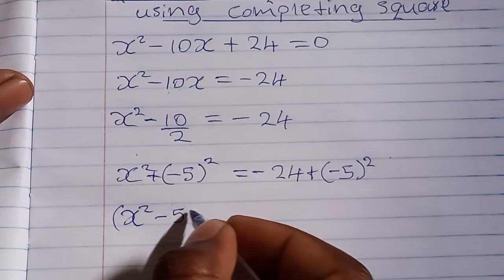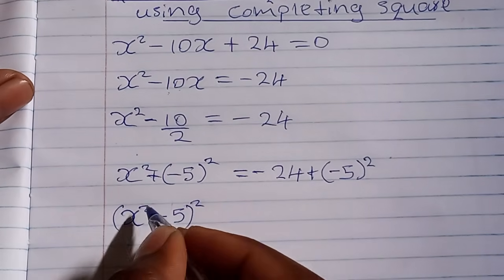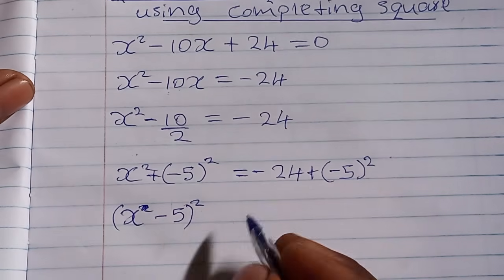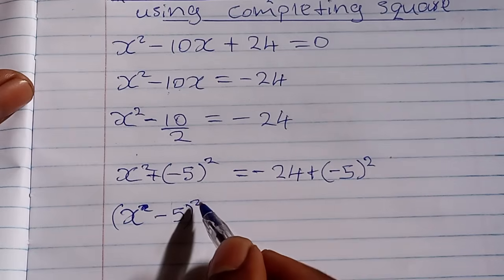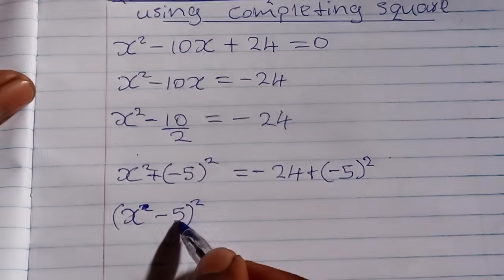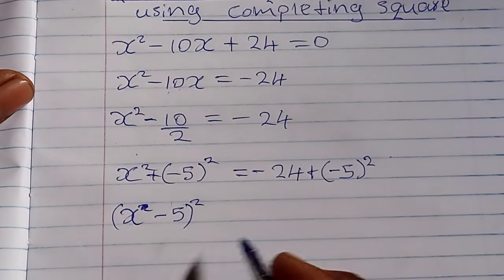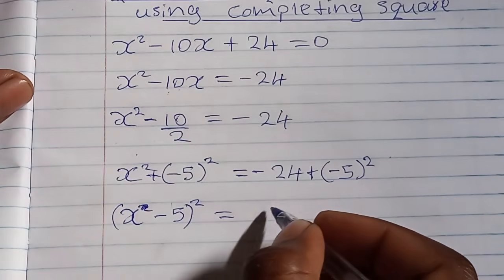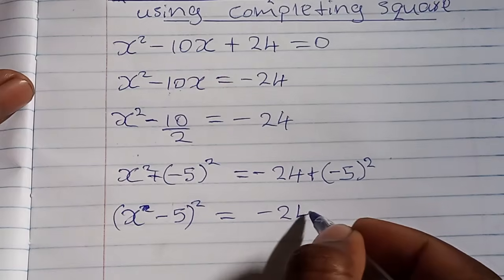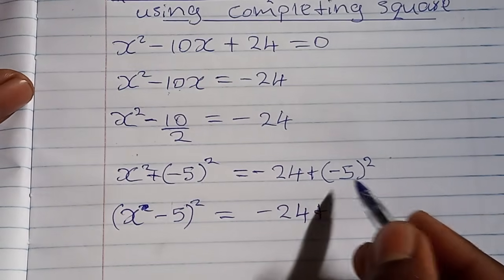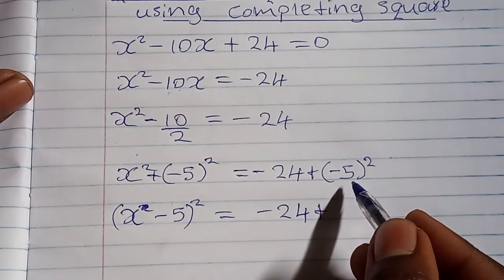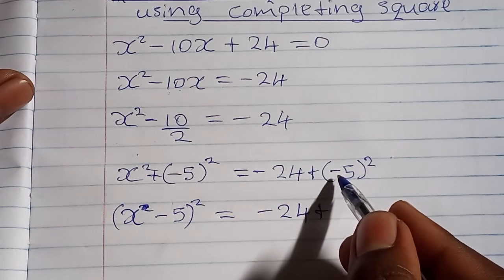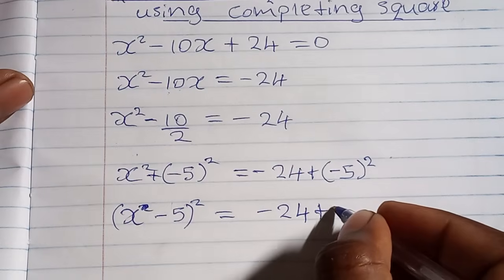Then you put them in brackets and square it. Sorry for this one. Yeah, you just square outside. So this square belongs to 5 and x. So here we are going to say is equal to negative 24 plus 5 times 5, which is 25. Then negative times negative is positive, so we are going to say plus 25.